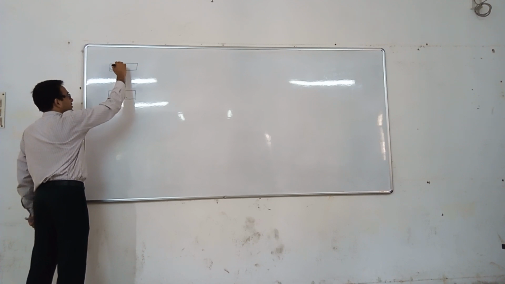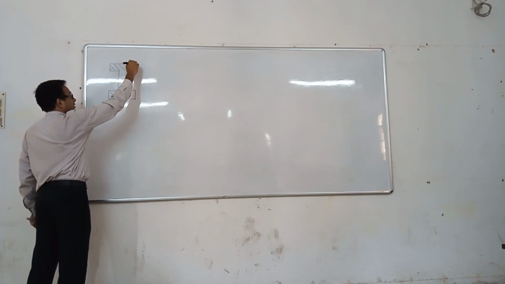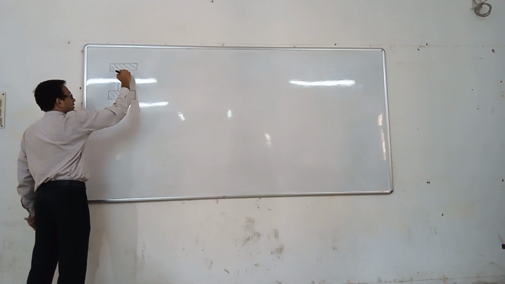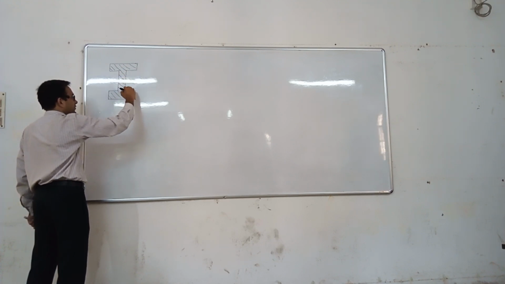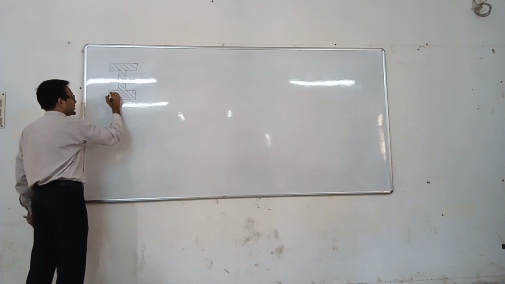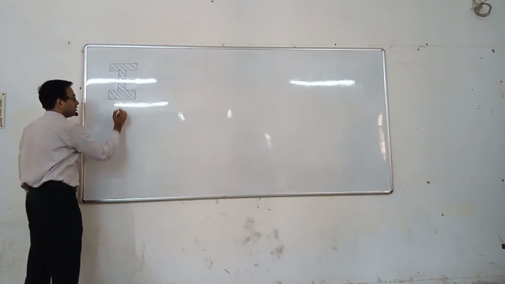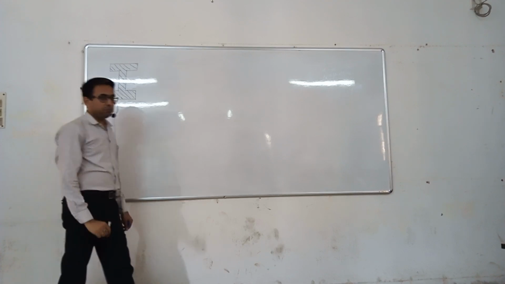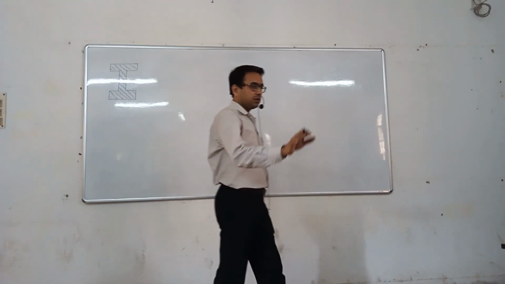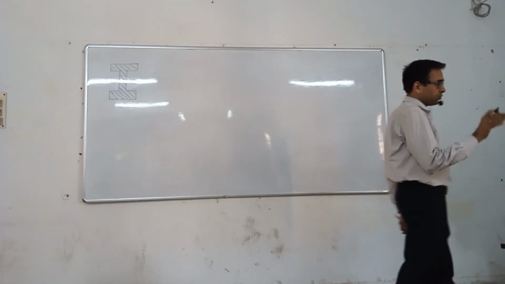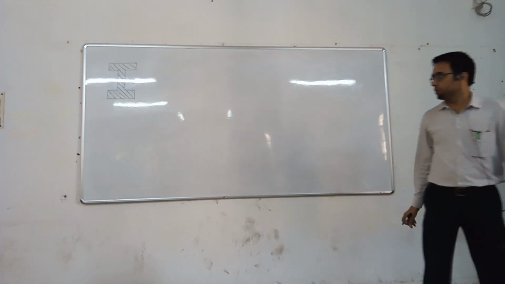Have you seen I? Well, no. I in real life: beam, railway track, I section.